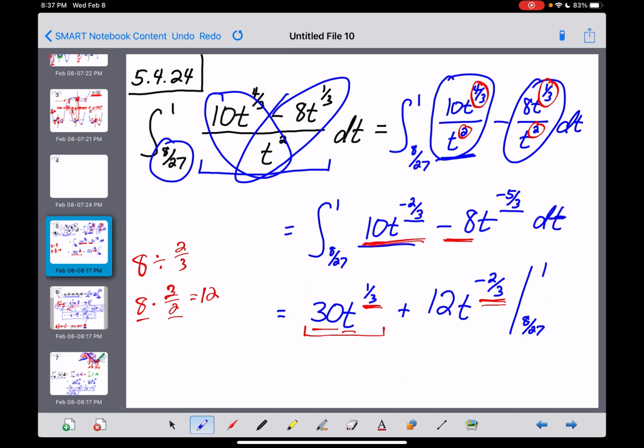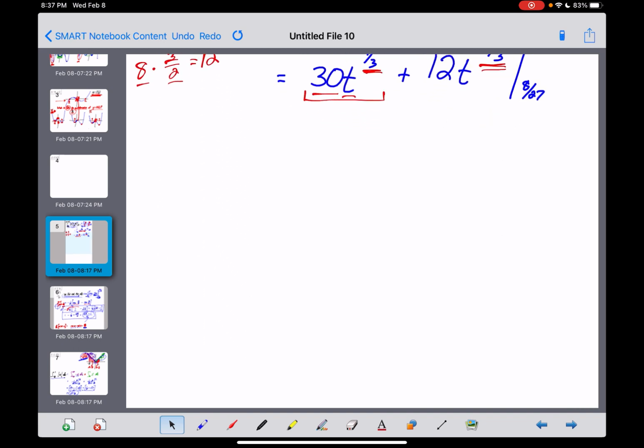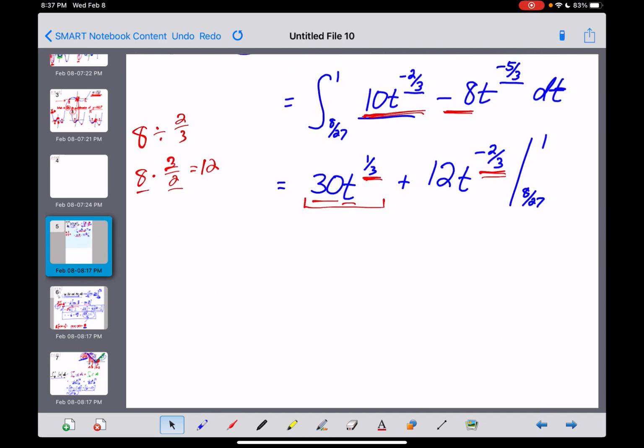While we're at it here, guys, hope nobody's offended by what I'm about to say, but a lot of you guys are not great with fractional exponents. So what I think I'm going to do before I start cramming those numbers in is rewrite this thing with radicals. I would probably write this as 30 times the cube root of t, and then a plus 12, and then here, ooh, it's a negative power.